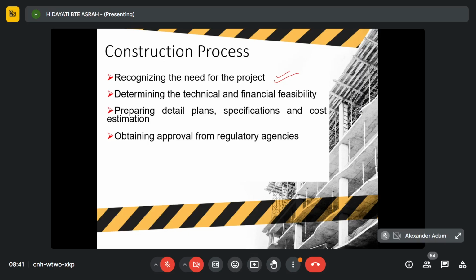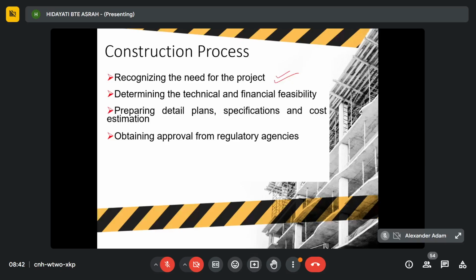For zoning regulation, you have to check that the construction area does not exceed the zoning limit. You have to get the approval. You also have to check the building codes and also the environment. So the needs, idea, conceptual design, financial and legal considerations are also considered under this process.